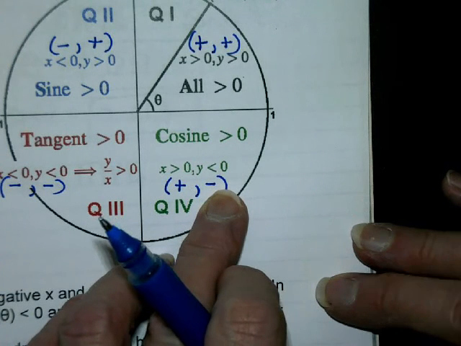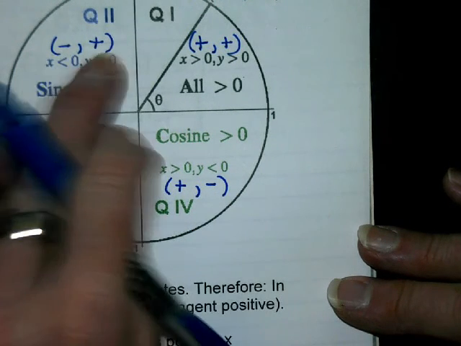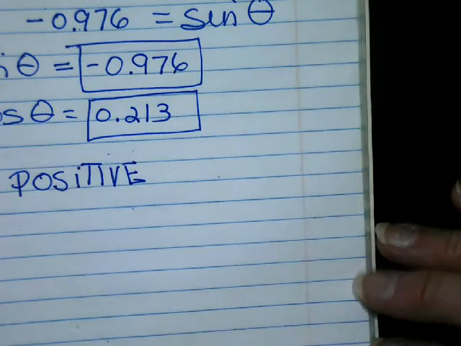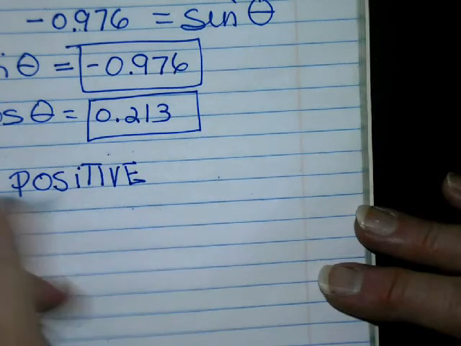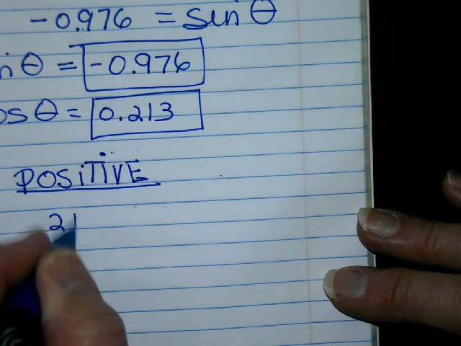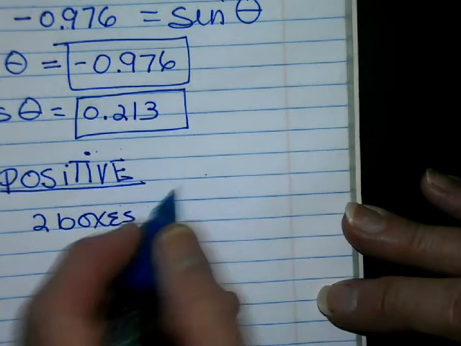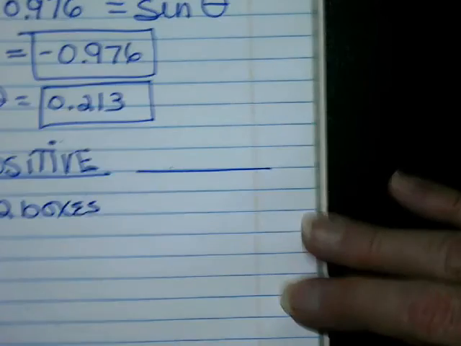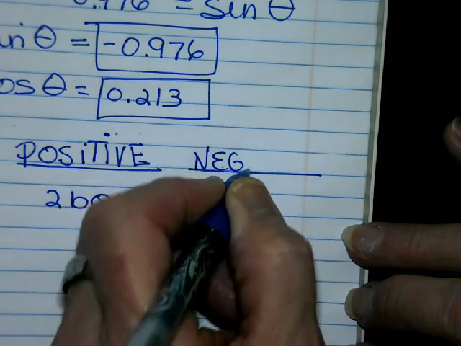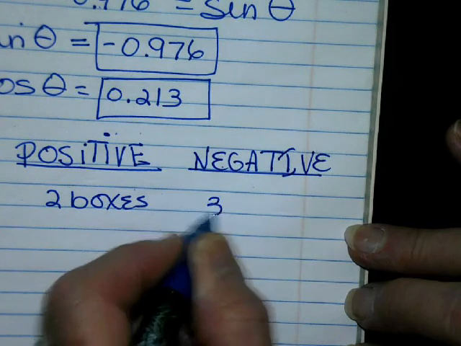It's all there. So if they ask you what the sine is in quadrant 4, it's negative. They ask you what the tangent is in quadrant 2, tangent's division, so it's negative, okay? So in the positive column, there should be 2 boxes. 2 of the 5 that they give you are positive results, and 3 of the 5 are negative.